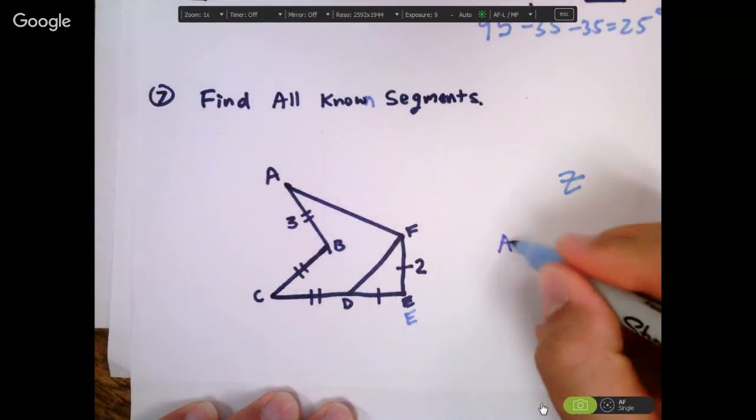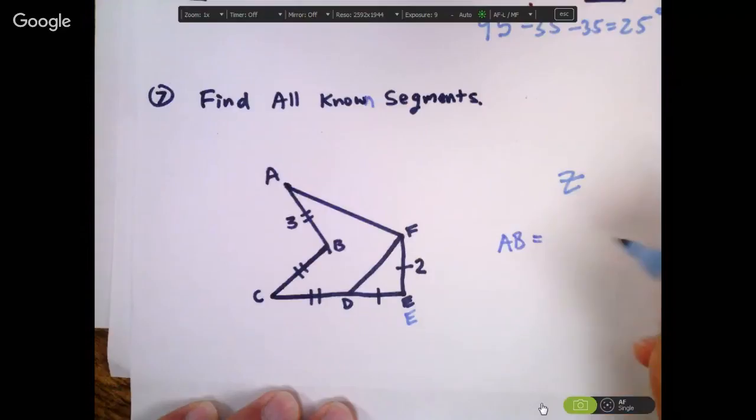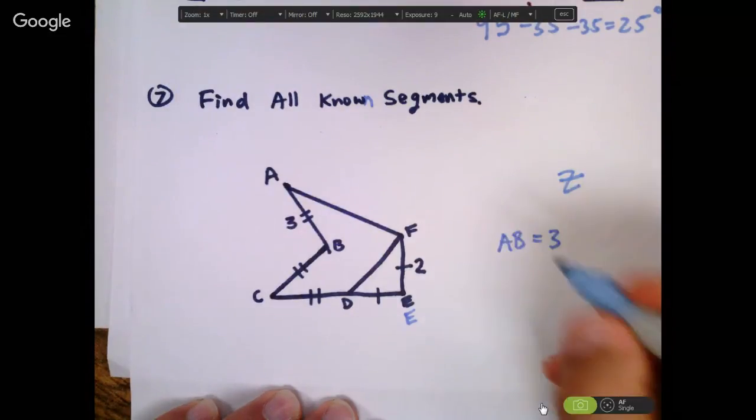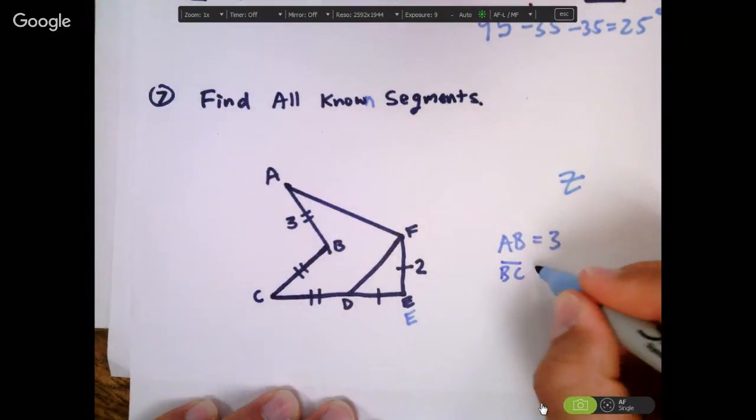I can say that AB is 3. Okay. I can also say what? You can do that, but I'm looking for lengths here, and I was not clear on my directions, but you're right. But let's just do lengths. BC equals 3.